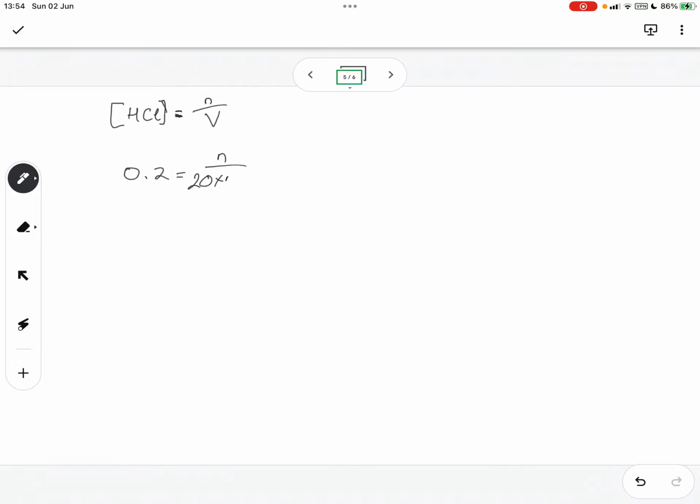And then the number of moles we don't know, but we know the volume, and it's 20 times 10 to the negative 3. So that's the conversion from cm cubed to dm cubed, we go from 1 to 10 to the negative 3.